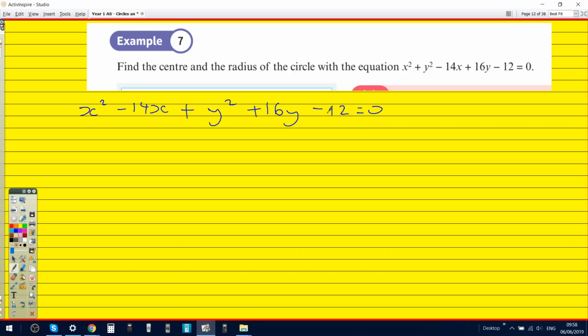Then you can put them into brackets, so you've got x minus 7 squared minus 49. And then the same with the y. You've got y plus 8 squared minus 64.